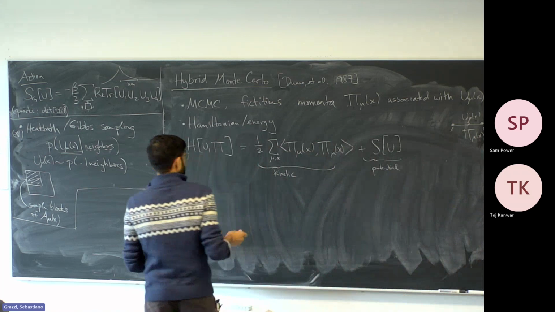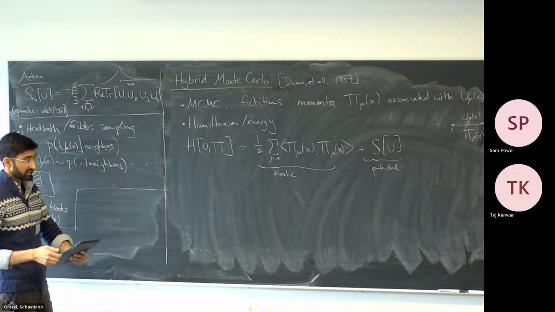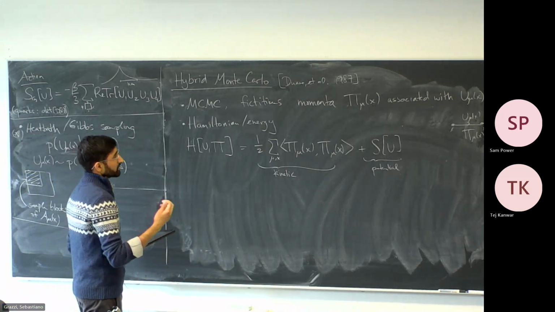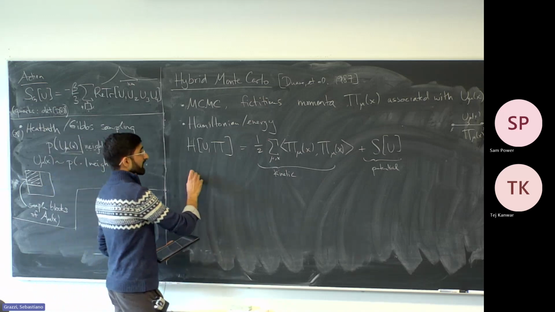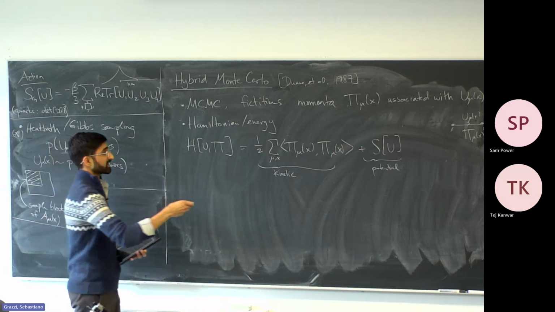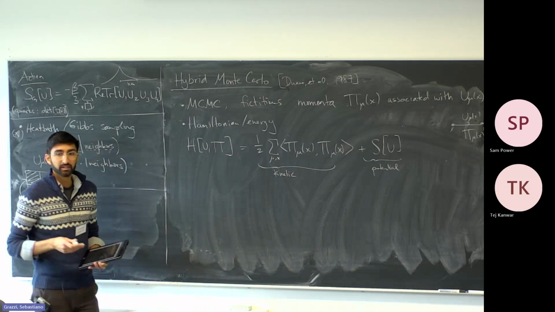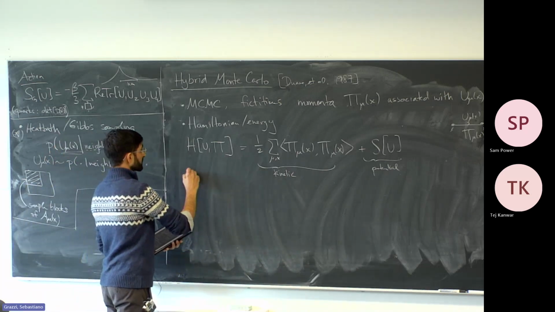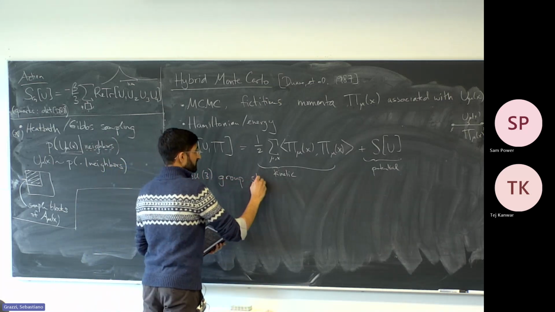So I should note that we're talking about momentum in some kind of group space. Not to go into too much technical detail, but the upshot of this is that much like what we did for the single link updates, if I want to define movement in a direction within this SU3 group, maybe I should say what I'm trying to discuss here is the details of the SU3 group structure.